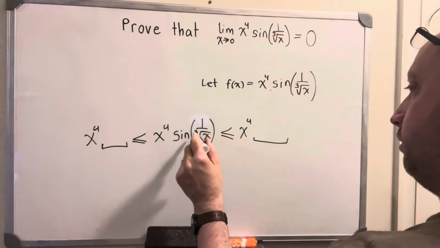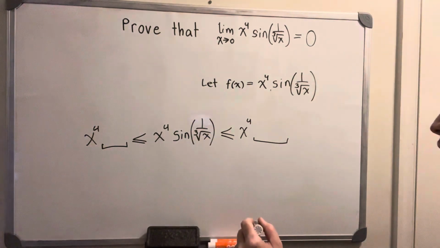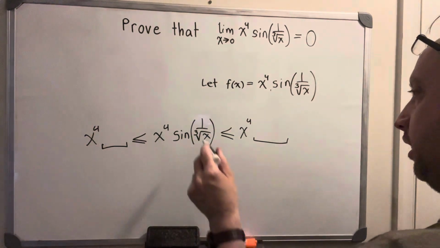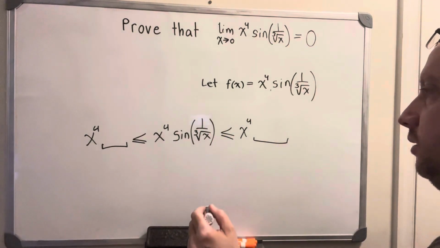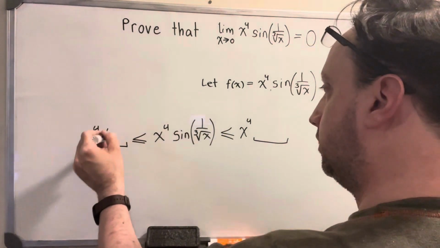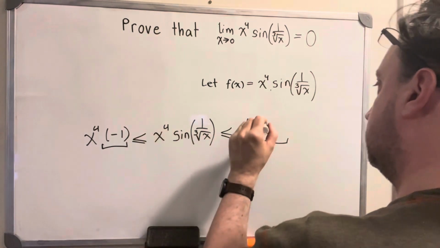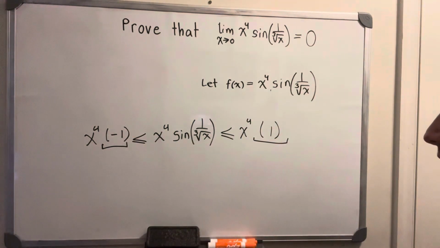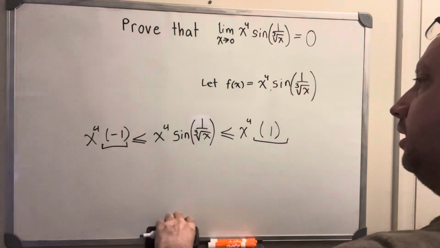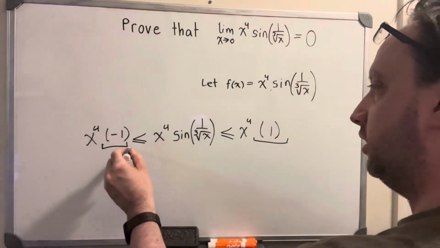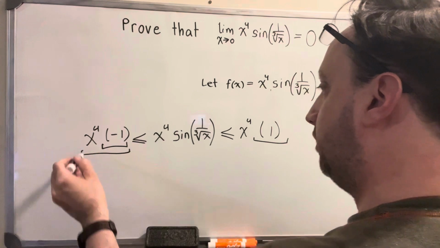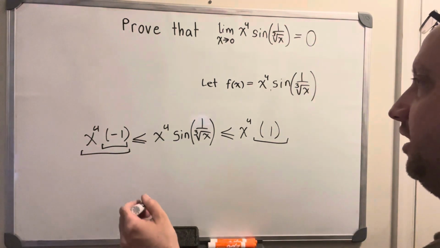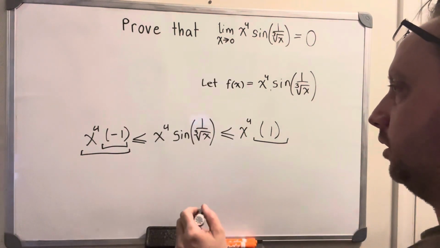So if this is always between -1 and 1, can't you just do this? Let's try that. So now if you can find the limit of this as x approaches 0, what is it?